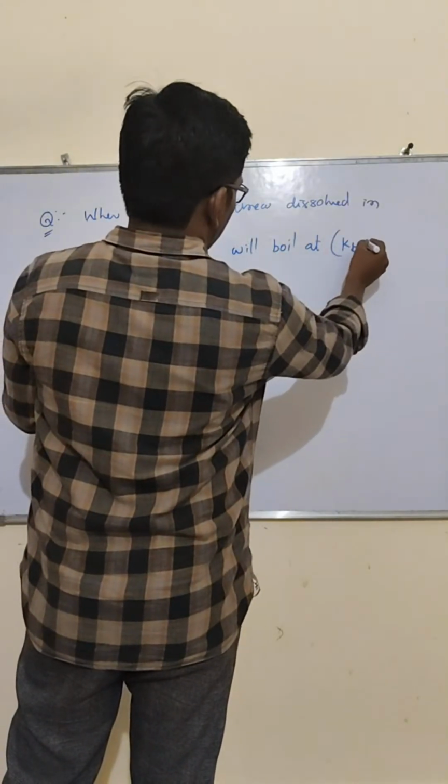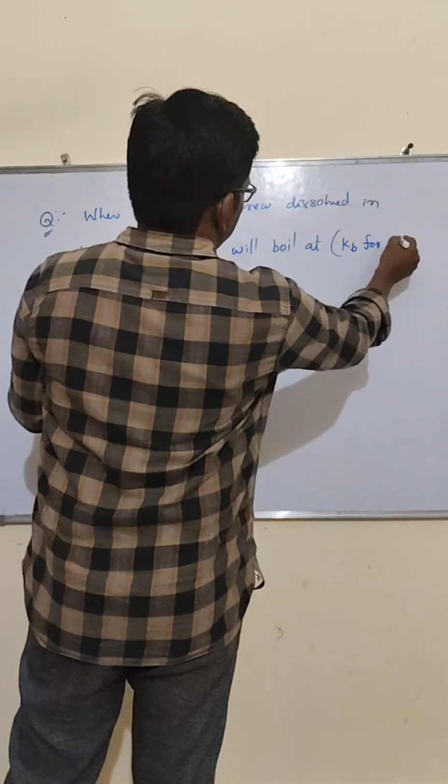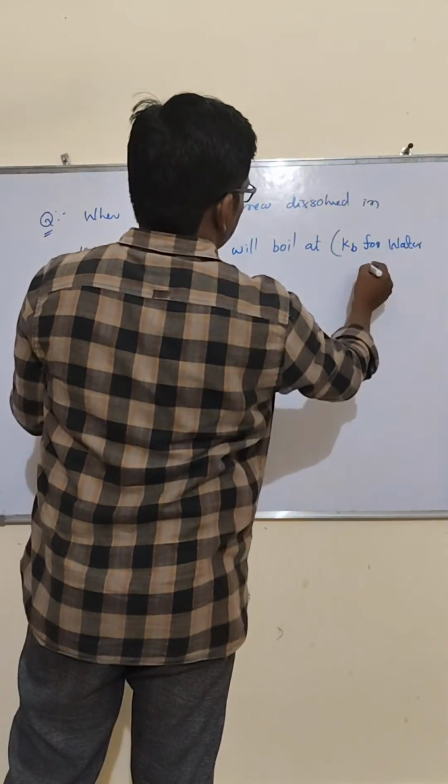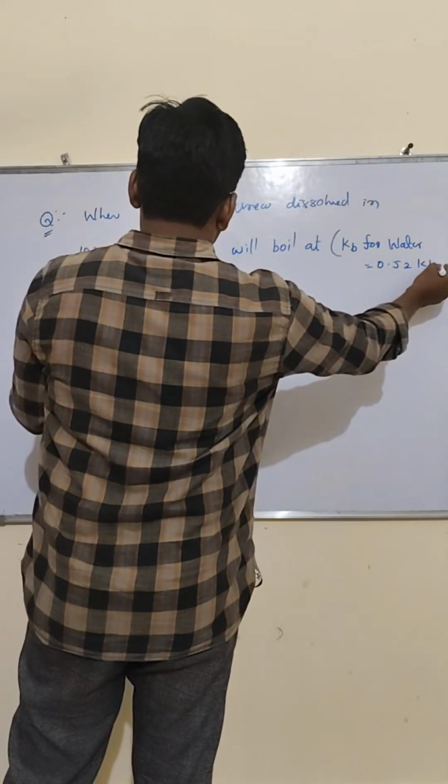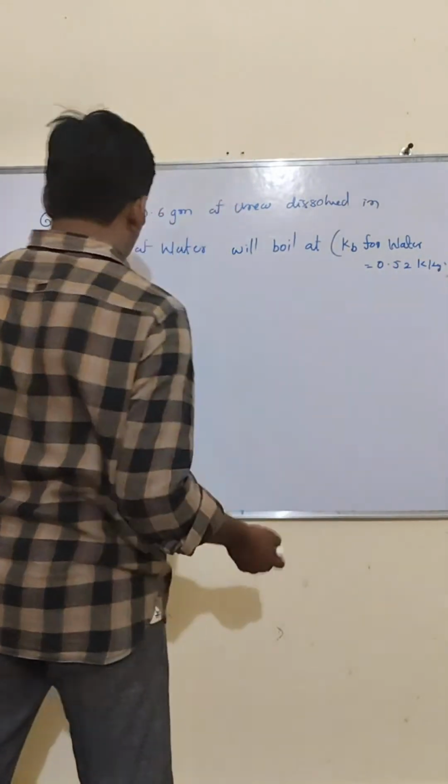Then Kb for water is equal to 0.52 Kelvin kg mole inverse, as mentioned.